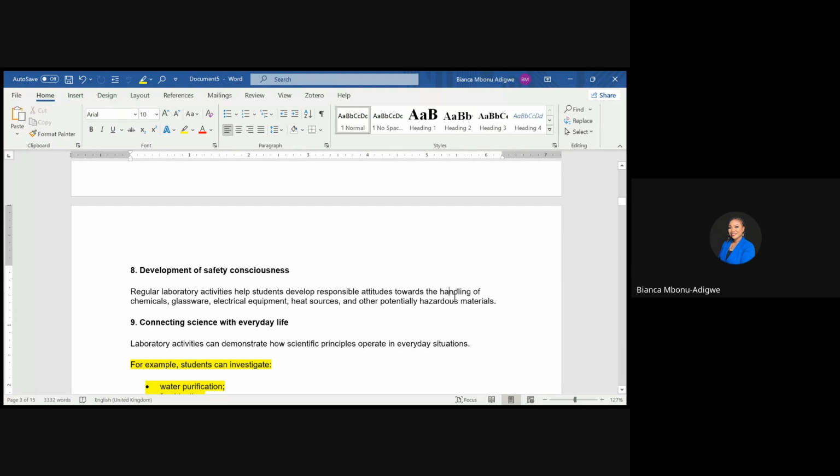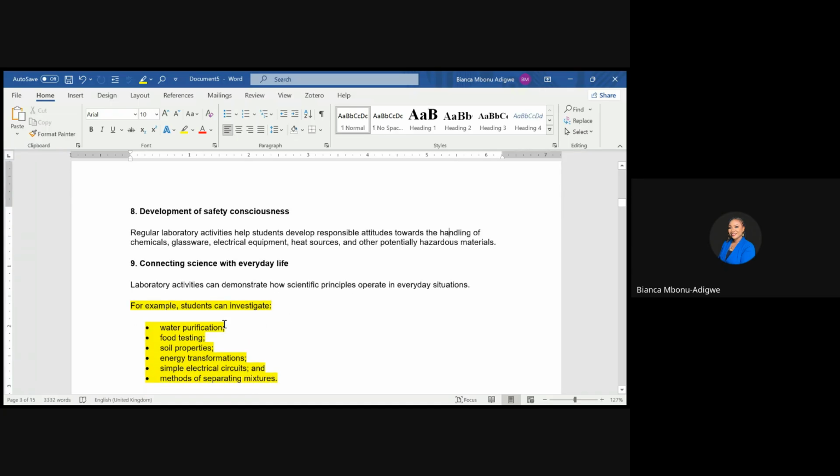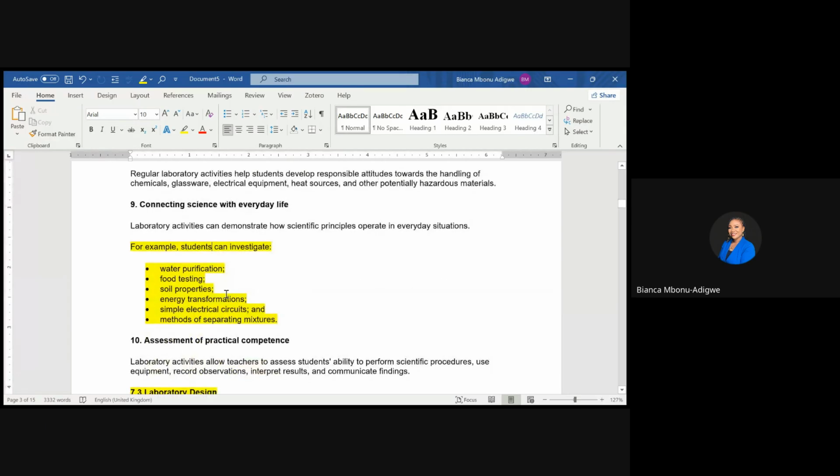Again, the laboratory helps us connect science with everyday life. I mentioned some of the practical activities that can happen in your integrated science lab and how it helps students to connect them in real life.